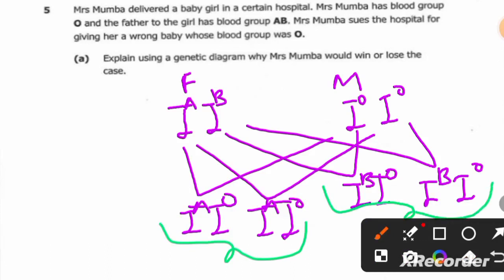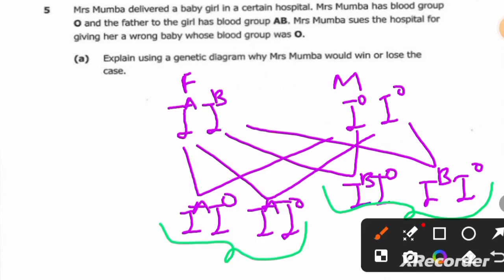So the chances of this couple producing an offspring with blood group O is 0. So the hospital made a mistake by giving a girl to Mrs. Mumba who is having blood group O. So Mrs. Mumba would win the case.